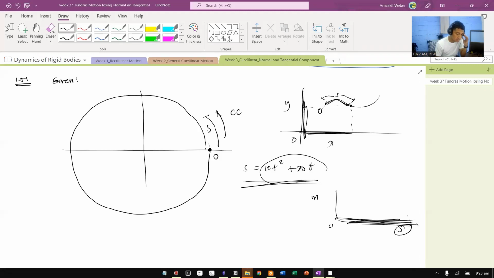Essentially, they are the same, except that one is curved.